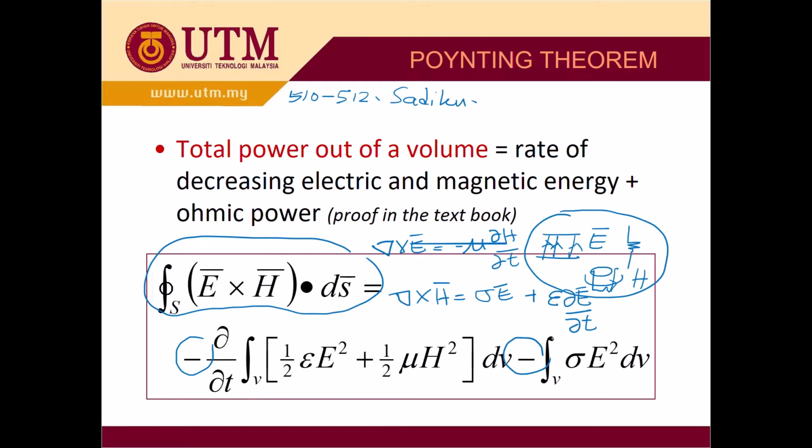Beginning from here, we can derive the expression of the power. Sometimes the final exam will ask about the derivation, so you have to look in more detail at this.